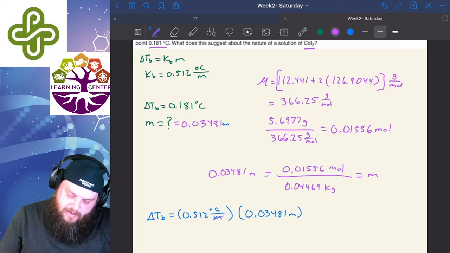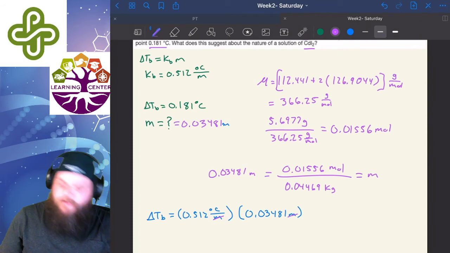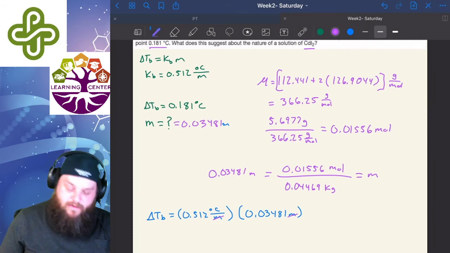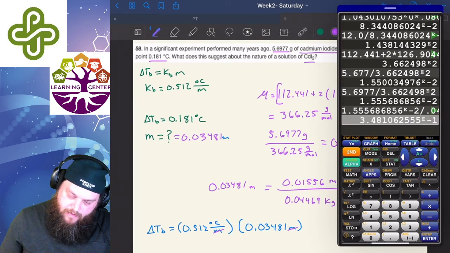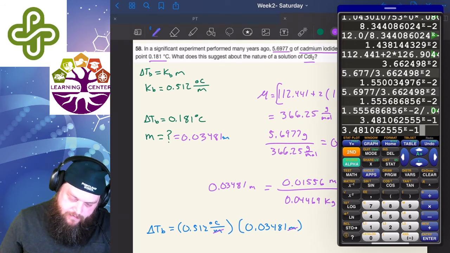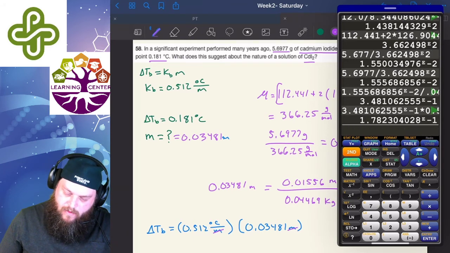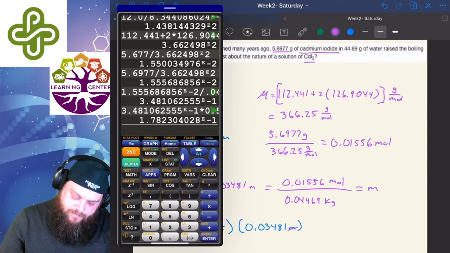We can see the units cancel out, and we should get a temperature in Celsius, which is perfect. That's what we're looking for. It's really a change in temperature. So we multiply our molality by that constant, 0.512.